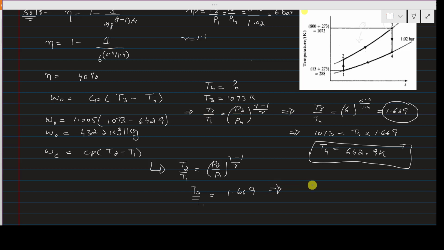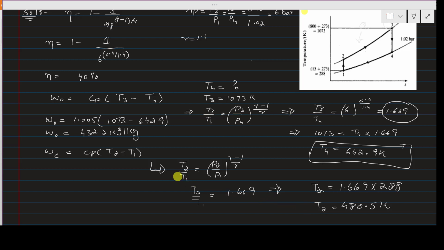The T1 value is known, that is 288. So the T2 value will be 1.669 multiplied by 288. The final value of T2 after multiplying is 480.5 Kelvin.